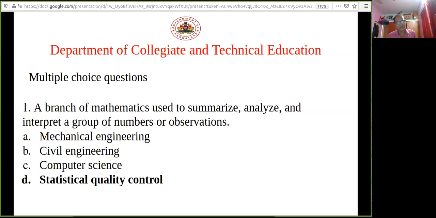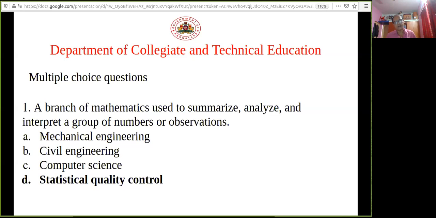It means that we are going to condense the data, and then we will transform the data into a number of charts. The options given are mechanical engineering, civil engineering, and computer science engineering, but the right answer is statistical quality control. In statistical quality control we are using statistics, and statistics comes under mathematics.